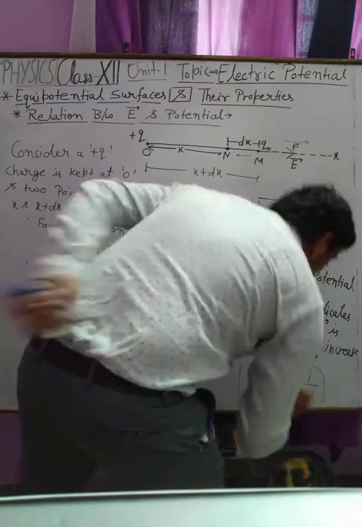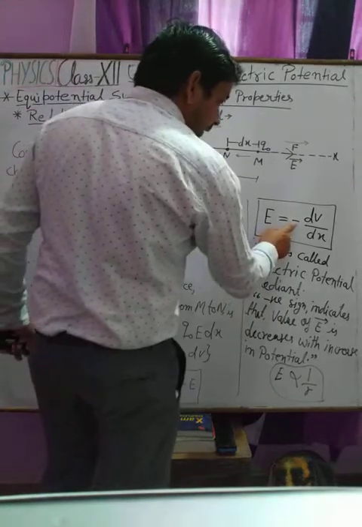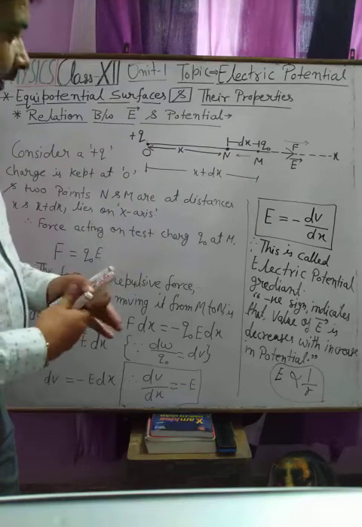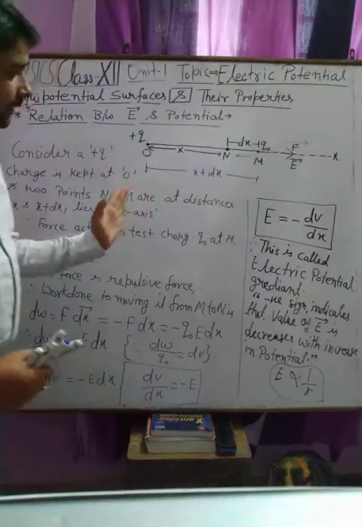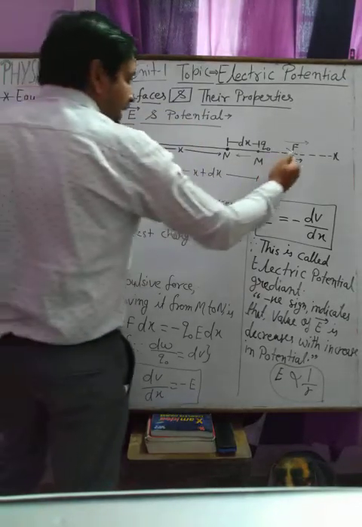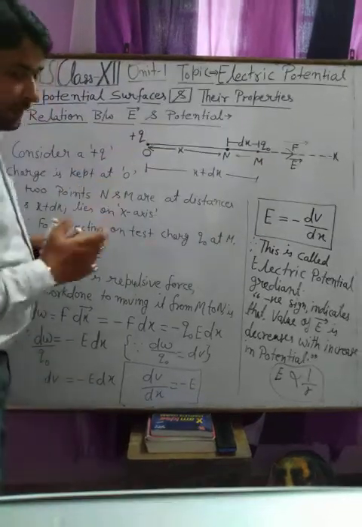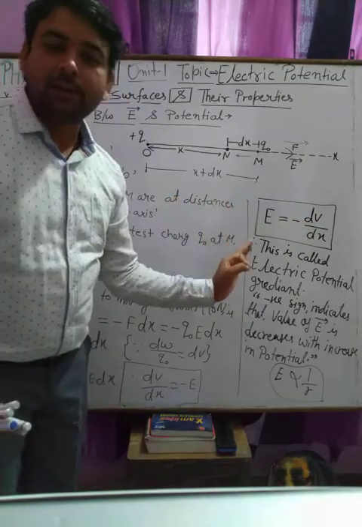We can say that on increasing distance the electric field will decrease, but there is a negative sign in the potential because of that: if electric field lines are moving in the positive x direction and the charge is moving towards the positive charge, the potential will increase as the electric field decreases.